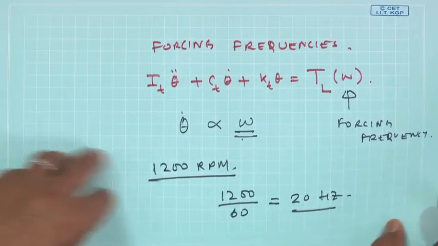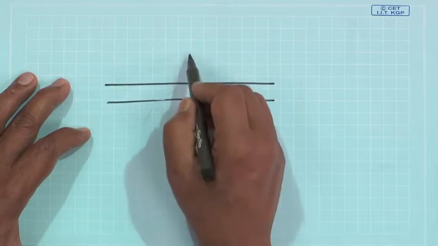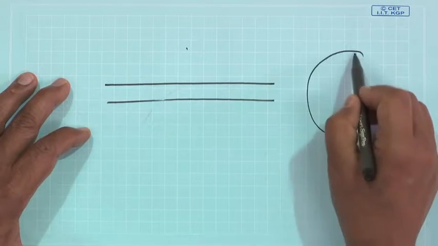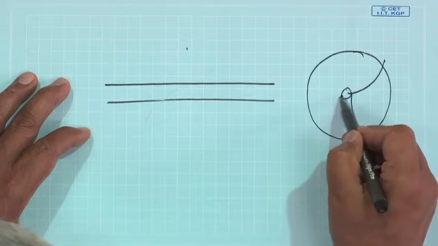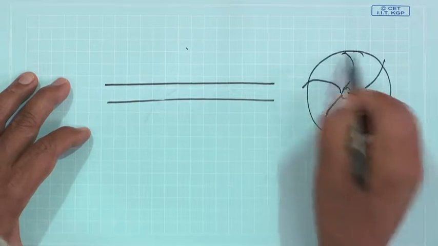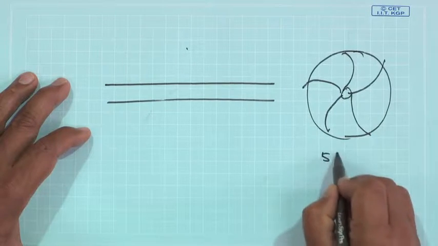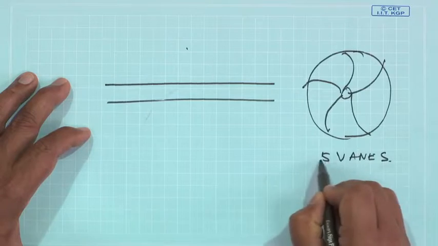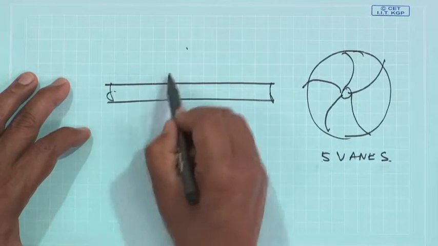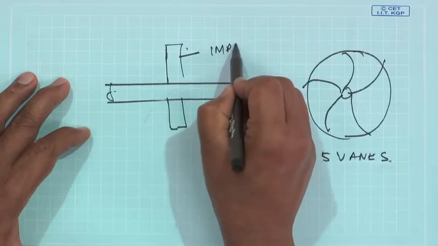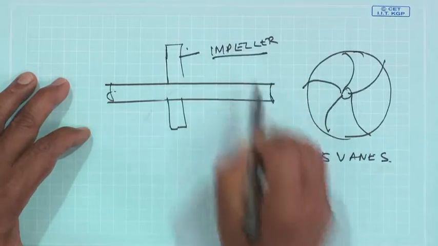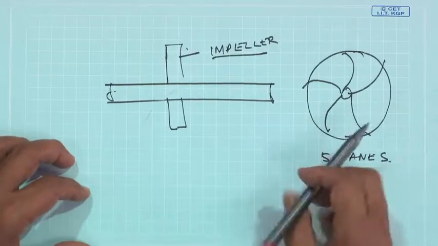Now, imagine this shaft had a fan or an impeller. Maybe I will draw the cross section here. It had an impeller, maybe with five vanes. Imagine there was some fluid going onto the system.